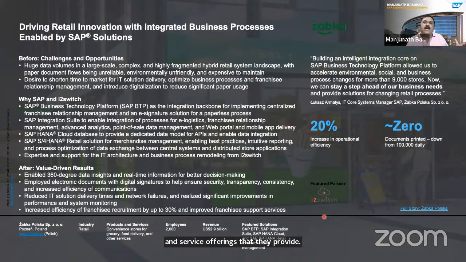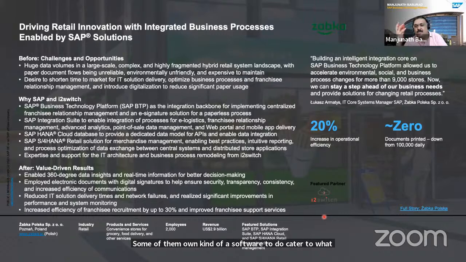And because they work with thousands of different types of franchisees, their franchisee relationship management is completely fragmented. Some of them own software to cater to all the business they have done as a franchisee, and they use one particular format to send the data back to Żabka.